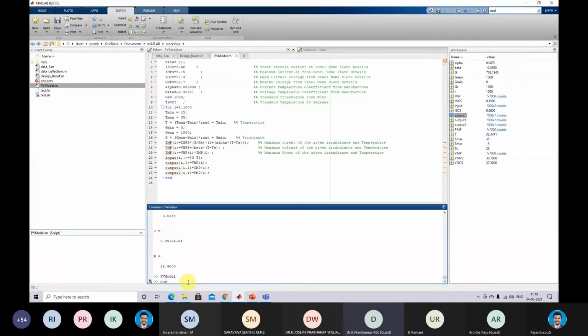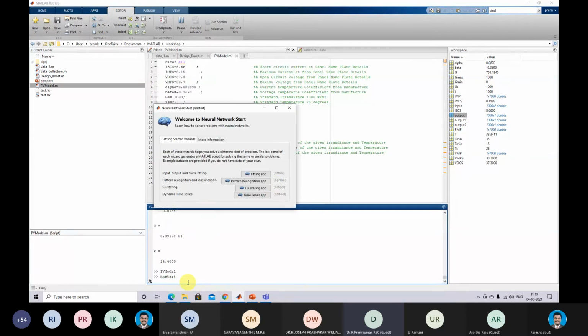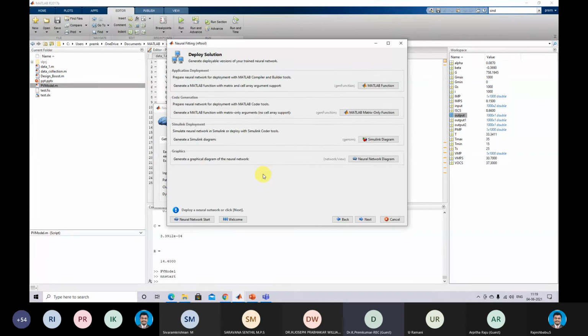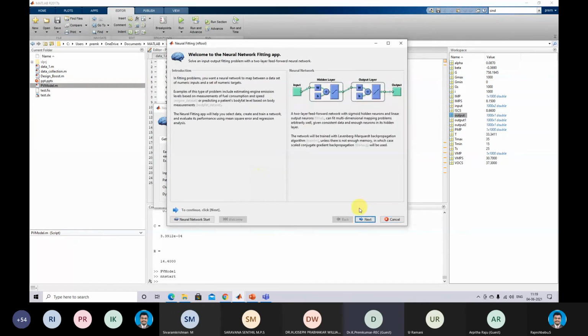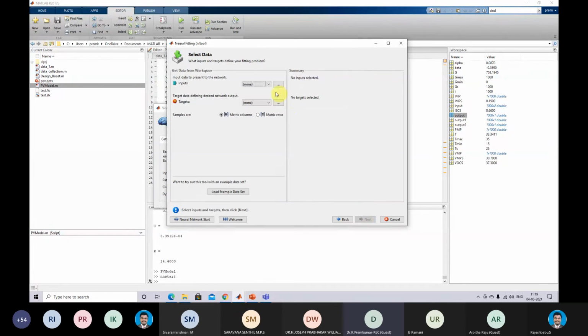So once I go to start, I use the same fitting app. First cancel, finish this one, click this one and then click the next button, and first you select the input data. Here is that input data, and then you select the output data or target data.